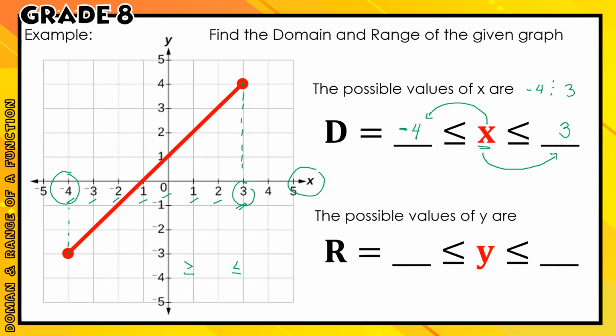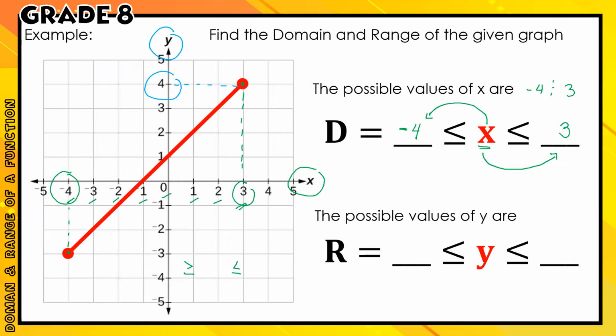This time, let's focus on the range or the values of y. Okay, tingin naman tayo sa y o sa y-axis. Ganun pa rin ang symbol na gagamitin natin dahil shaded region naman. So itong upper point ay tumapat siya sa positive 4.